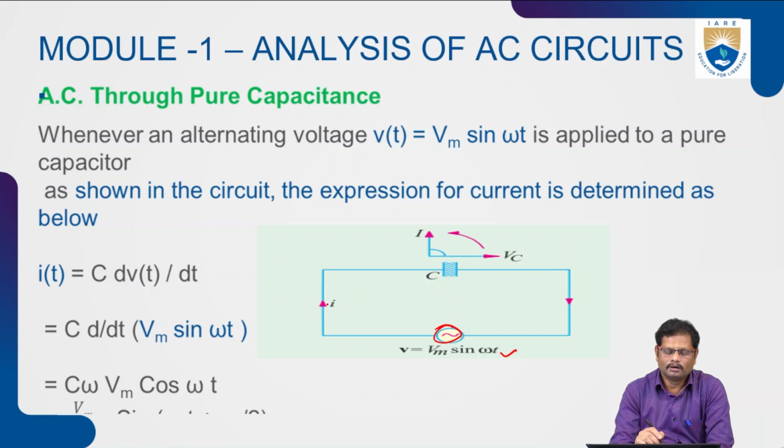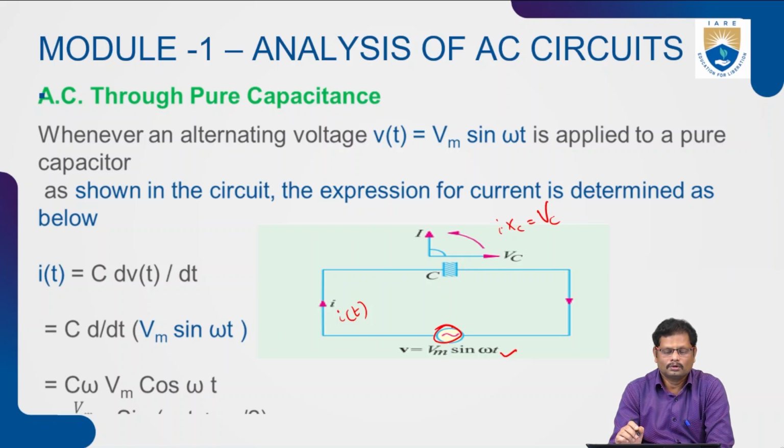Immediately after supplying it, the instantaneous current I will flow through the circuit. Because of capacitor reactance, there will be a drop I into Xc, which is the voltage drop in the pure capacitor.